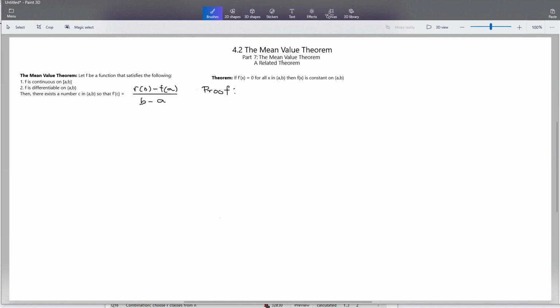Okay, so the first thing we're going to do is pick two values in that interval.